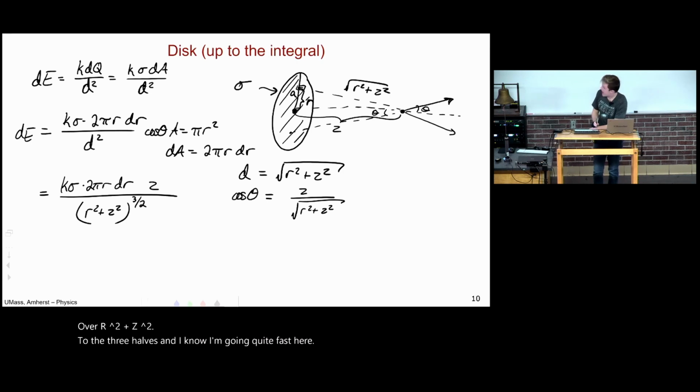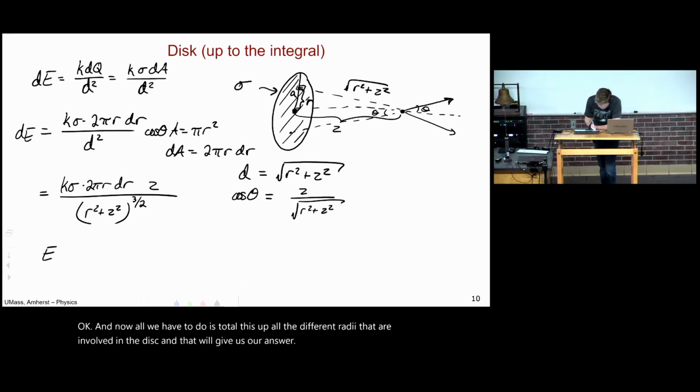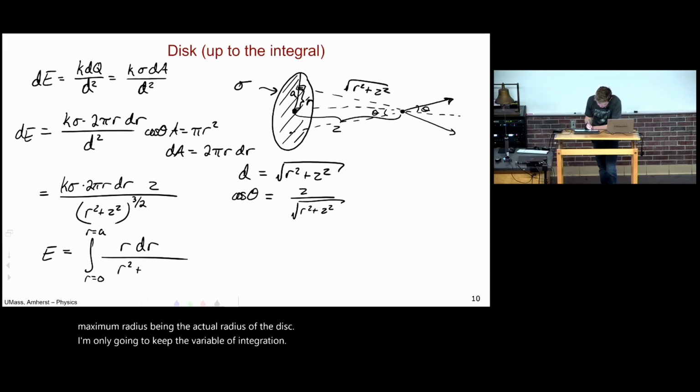Okay, and now all we have to do is total this up over all the different radii that are involved in the disk, and that'll give us our answer. So the electric field will be, you integrate over radii going from 0 to the maximum radius, being the actual radius of the disk. I'm only going to keep the variable of integration in the actual integral, and all the other numbers are going to come out front as constants.